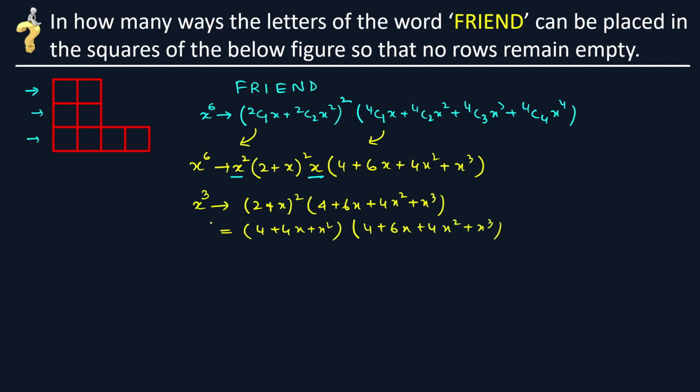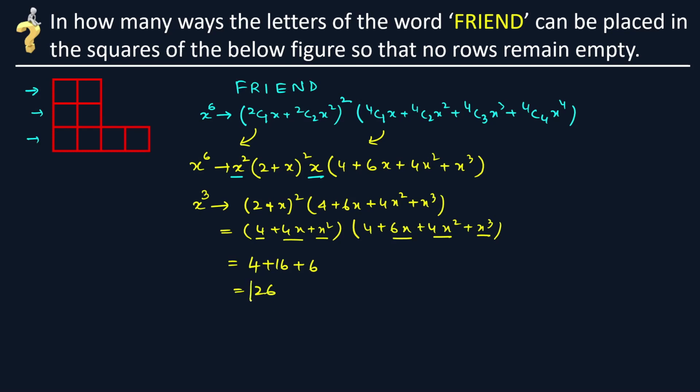I need to find out x cube. So when this x cube is multiplied with this 4, we are getting the coefficient of x cube as 4. When this one is multiplied with this, we are getting 16. When this one is multiplied with this, we are getting 6. That's it. So we are actually having 10 plus 16, that is 26.